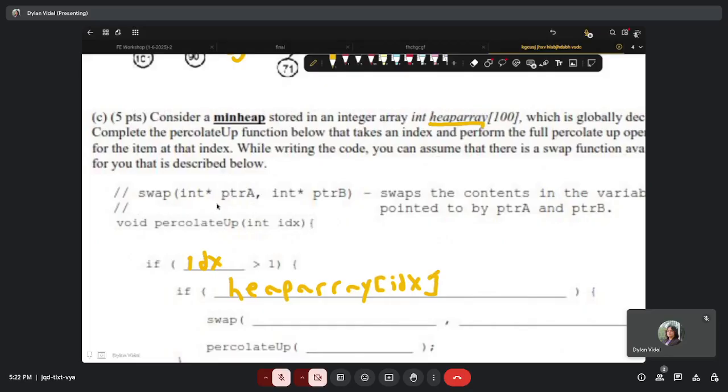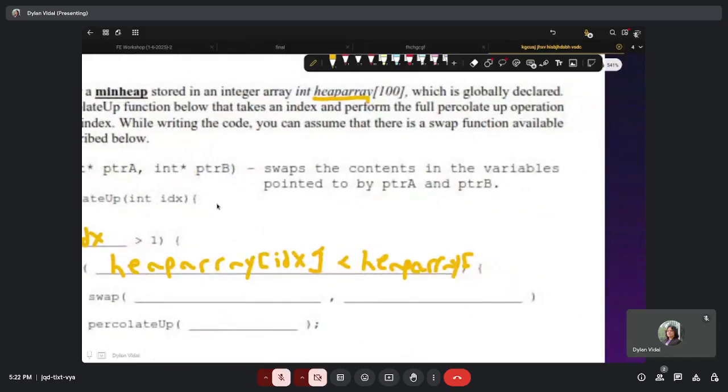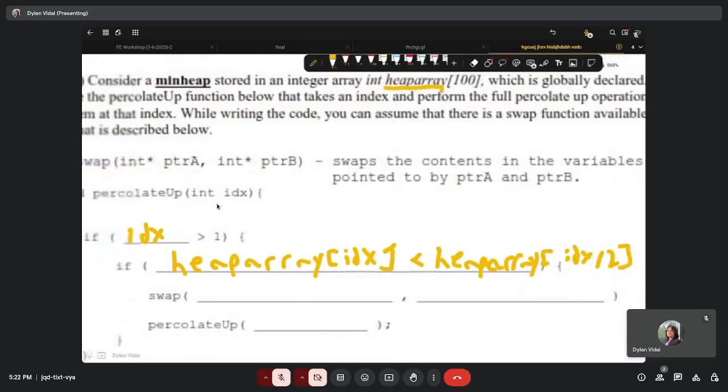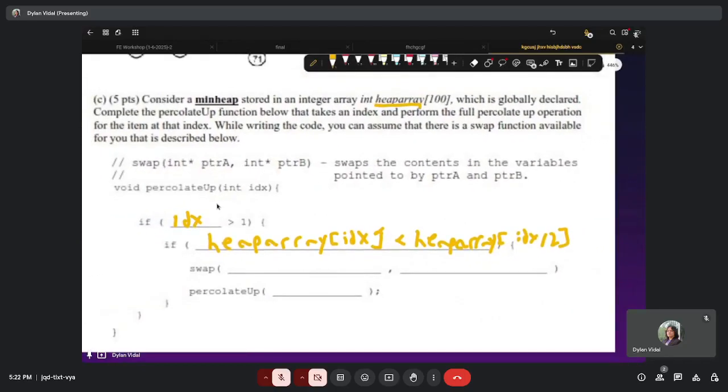Heap array at index is where our element is, so that's the value of what we just inserted, or where we're at. And that has to be smaller than heap array at what? Index divided by 2, yeah. Index divided by 2. So this means that we need to percolate it up and we need to swap.